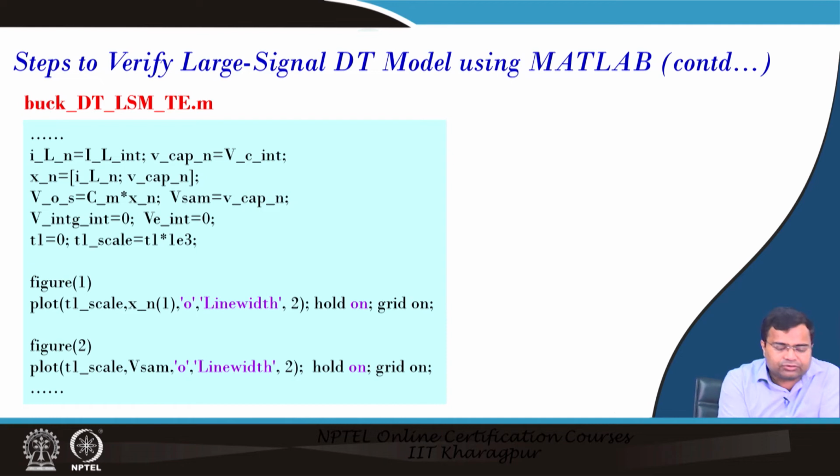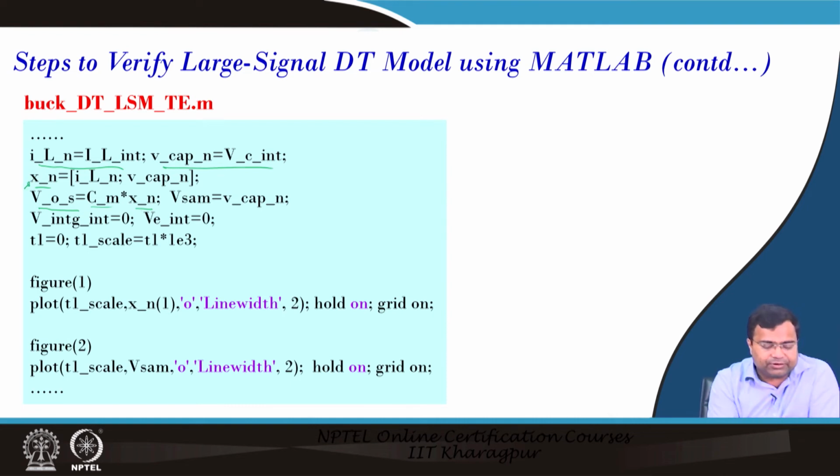We are also giving the initial step. It is taken from the previous value, because we defined this in our switch simulation, so it has to take the same initial condition. Then it will create a vector. The sample voltage is nothing but the output matrix into the xn state vector, and the xn state vector is initially loaded with the initial condition.